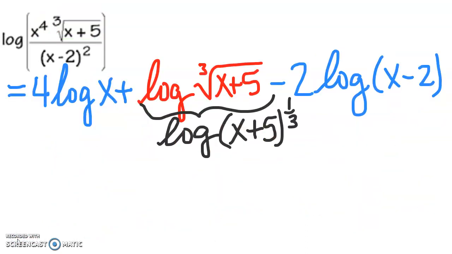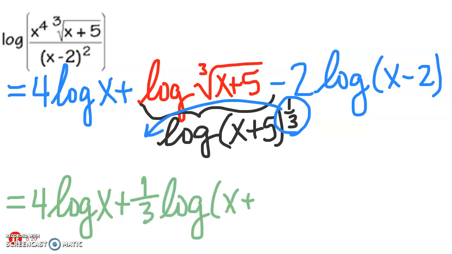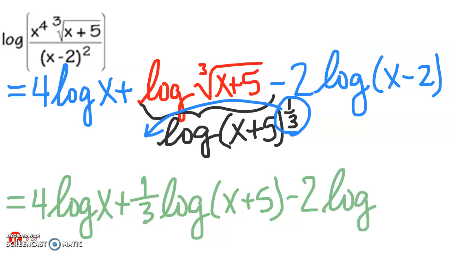Which means that I can still take this and put it out front, like I did with the other two, which makes my final answer all the way expanded. 4 log x plus 1/3 log the quantity x plus 5 minus 2 log quantity x minus 2.